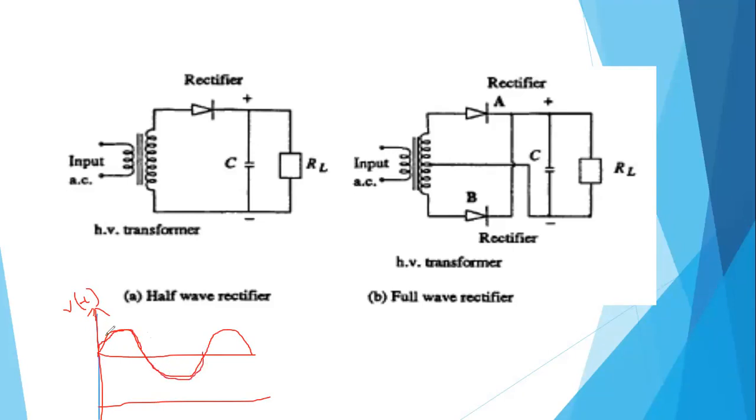During the positive half cycle, this is plus and this is minus, so the current passes this way and the rectifier will be forward biased. The diode will be forward biased and the capacitor charges up to V max. That will appear across the load, that is V max.